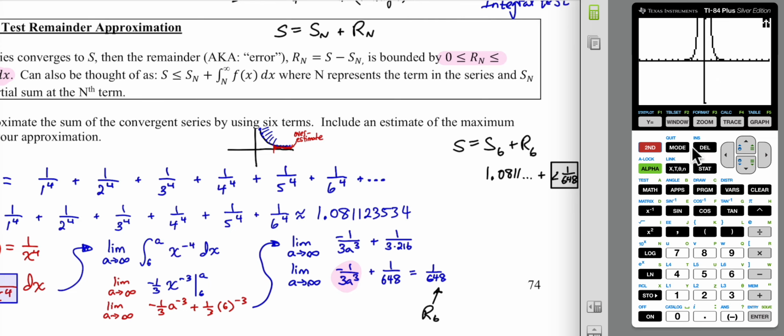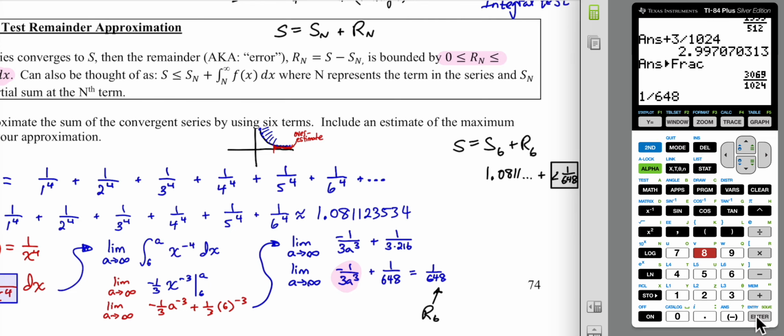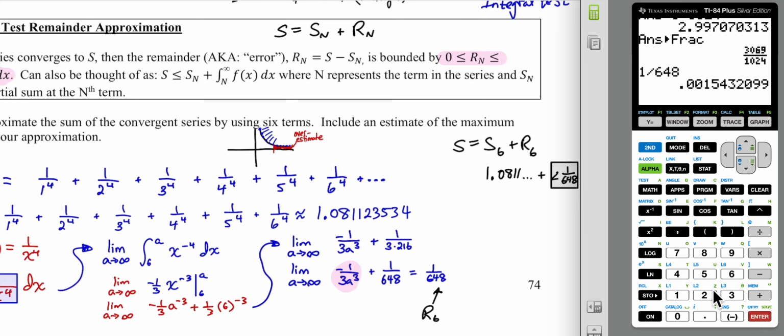So 1 divided by 648, 0.00154. The first 6 terms will add up to that 1.0811. Everything else is going to add up to nothing more than 0.00154.